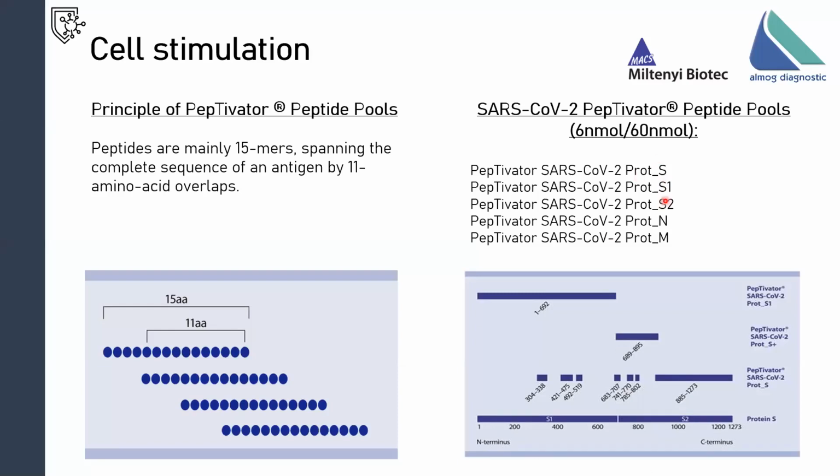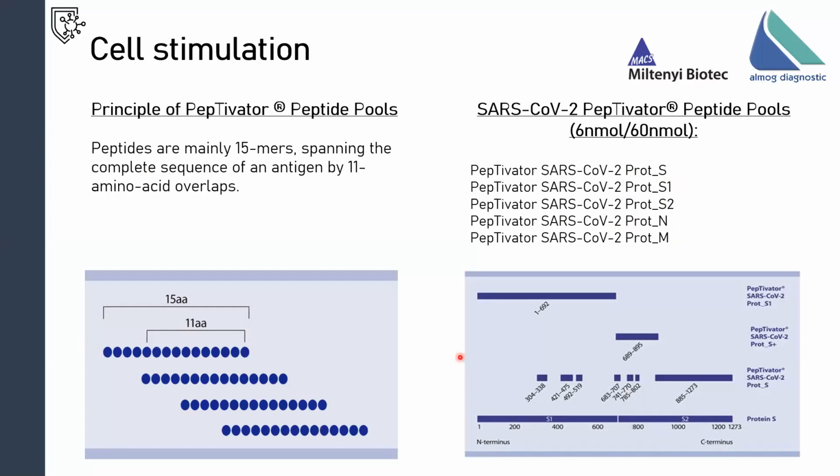You can see here on the right side, for the S, for the spike, for the S1, the S2, the N, and the M, there are available pools in order to stimulate the cells. And the peptides themselves are 15 amino acids long each, with an overlap of 11 amino acids between one peptide and another.